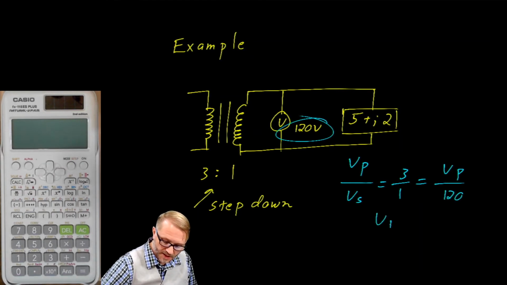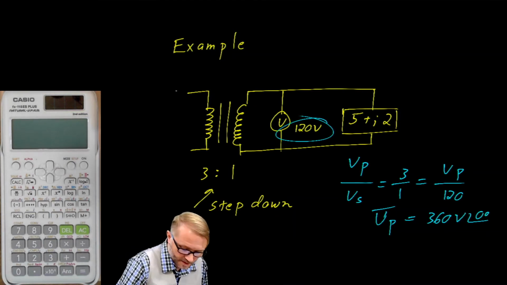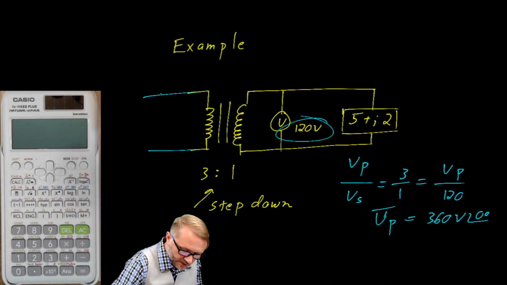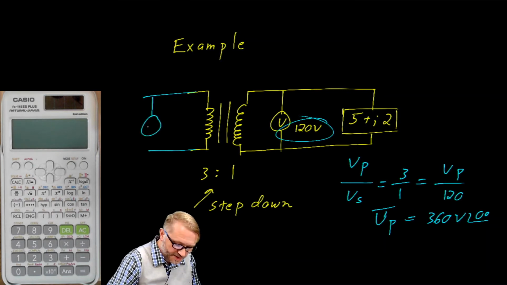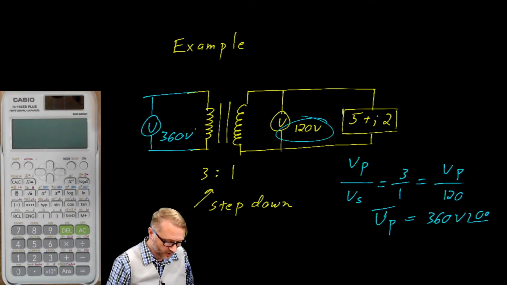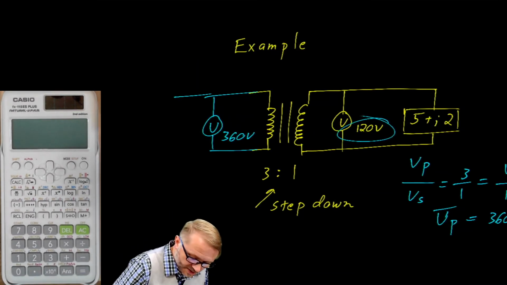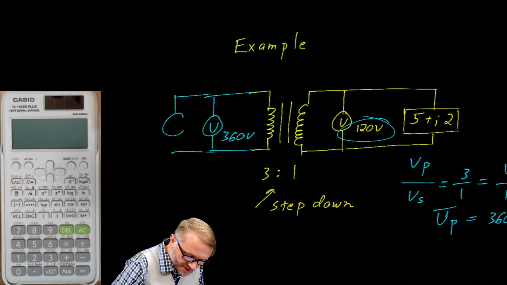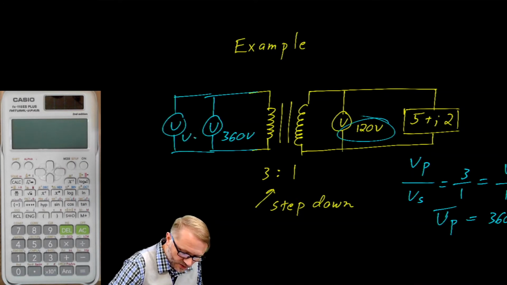So the voltage on the primary must be 360 volts, and we'll assume that that's at an angle of 0 degrees. Consequently, if you were to put a voltmeter here in the circuit, it would read 360 volts, with the assumption that there is some voltage source out here that we haven't drawn in yet.